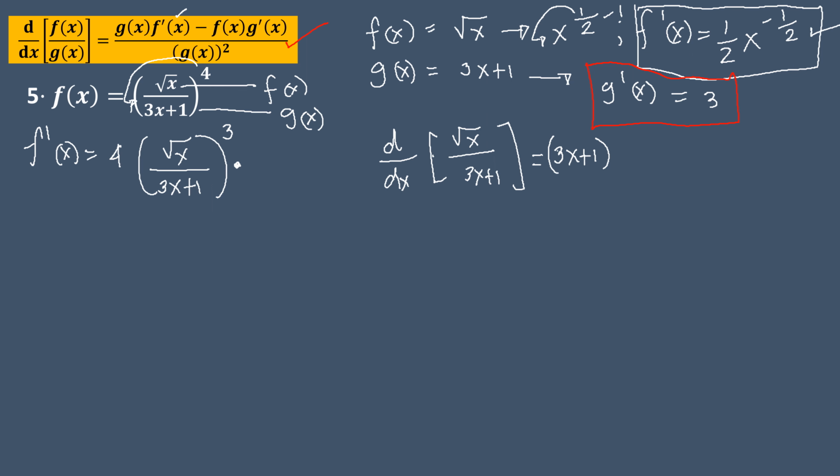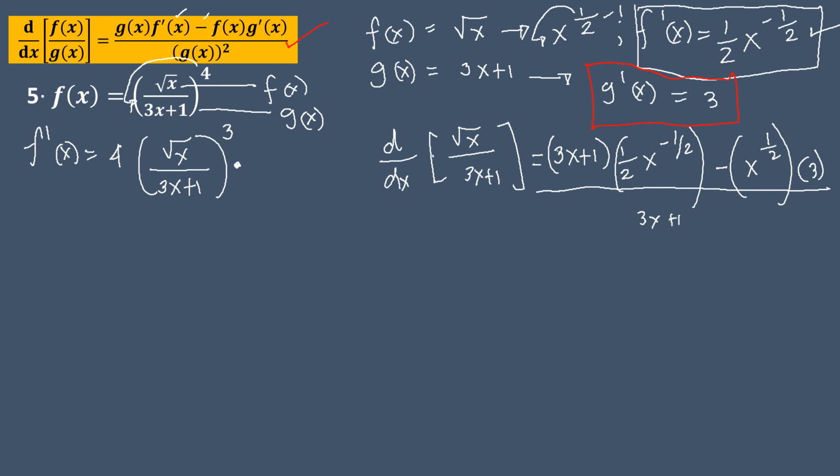The derivative of our first function is 1/2 times x to the negative 1/2, and then minus our f of x, which is x to the power of 1/2, times the derivative of our second function, which is 3, the derivative of g of x. And this is over (3x + 1)^2.